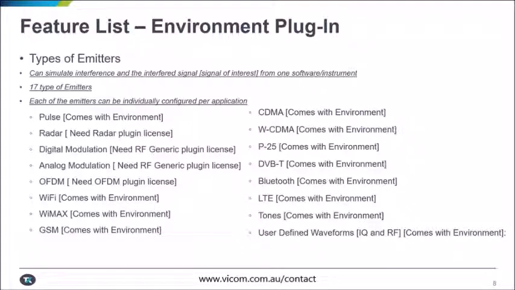If you're doing any digital modulation comm type signals, then you also need the RF generic plugin as part of this environment plugin. You will also need the RF generic for any analog modulation and the OFDM plugin for your OFDM type signals. The rest of these comm type signals come with the environment tool.